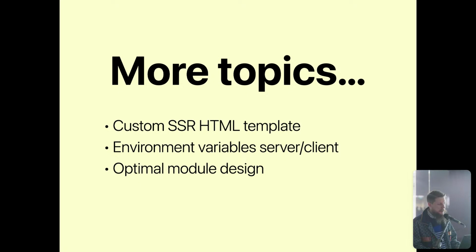So there are other deeper topics for future talks, like how to customize a server-side rendering HTML template. It's actually stupendously easy. It's just a serve option, and you just give it a component. But what are the best practices around environment variables that are different between the server and client?